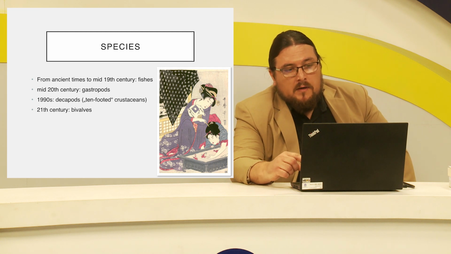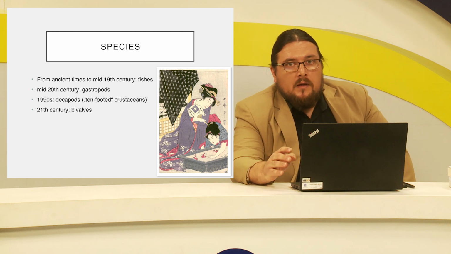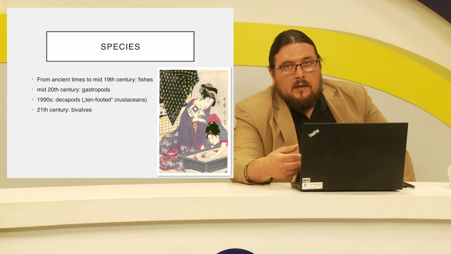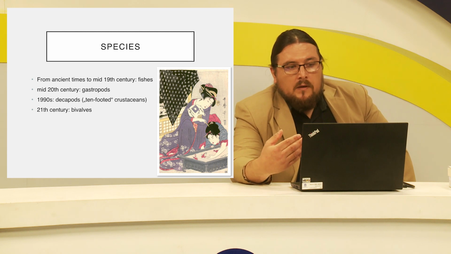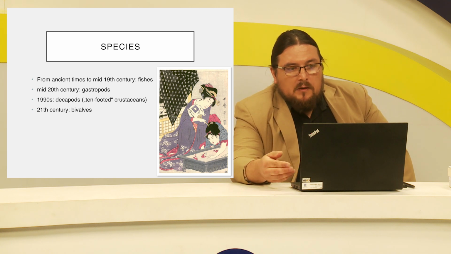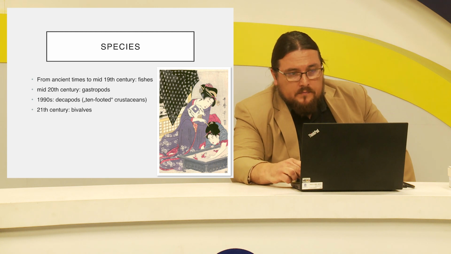It is not so easy to keep bivalves as ornamentals because they are filtrators and need a large food intake, and therefore they were introduced later, and currently we are able to feed them and to keep them for a long time.